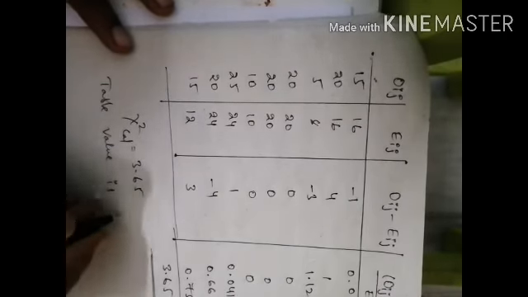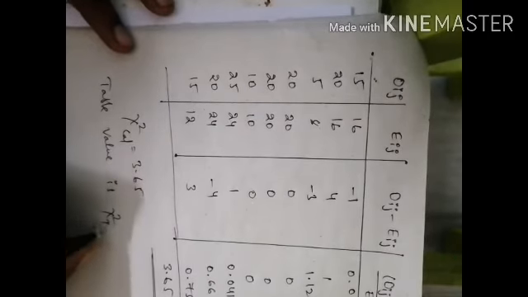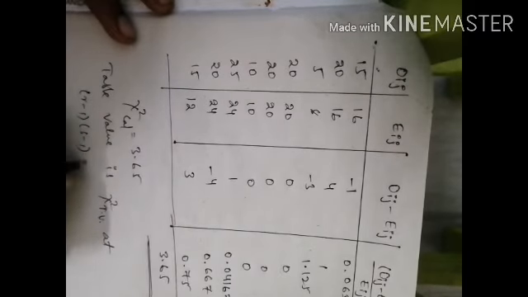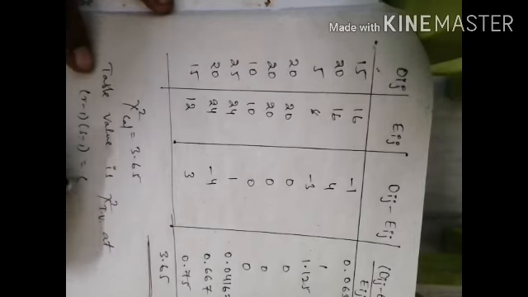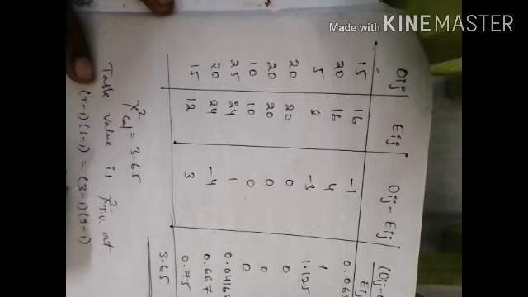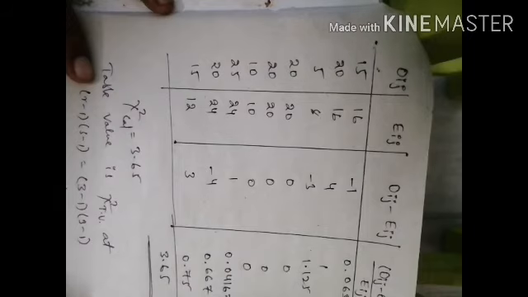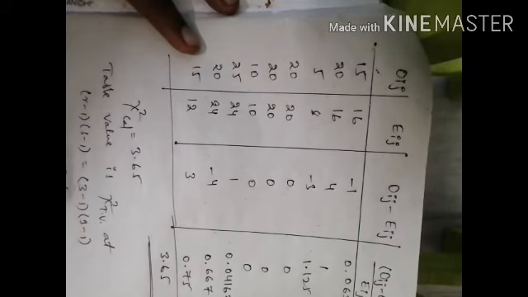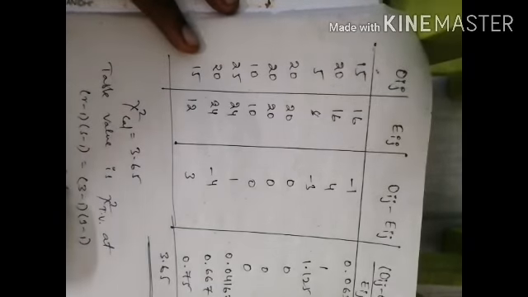Now we need to find the table value. The chi-square table value at degrees of freedom (r minus 1) into (s minus 1): 3 rows and 3 columns, so 3 minus 1 into 3 minus 1 equals 4. 2 into 2 is 4, so the degrees of freedom is 4, and the chi-square table value at 5% level of significance is 9.49.